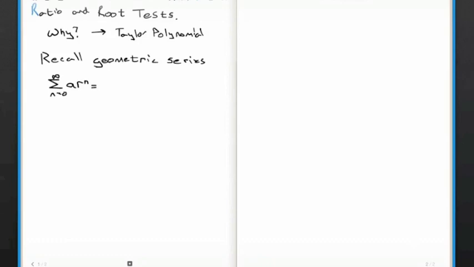And think about why it needs to start at 0. Equals a plus ar plus ar squared plus ar cubed plus dot dot dot.